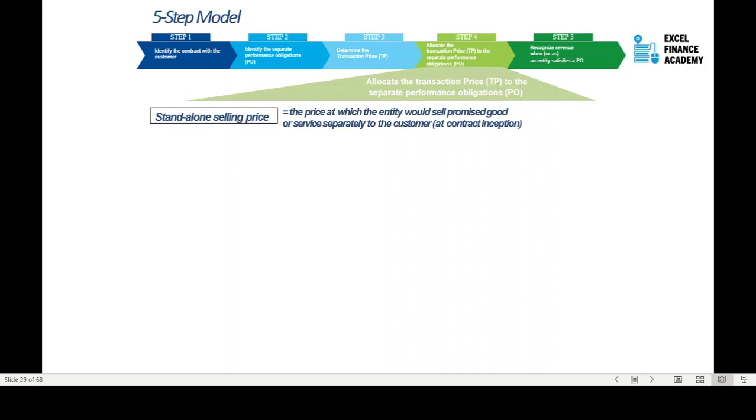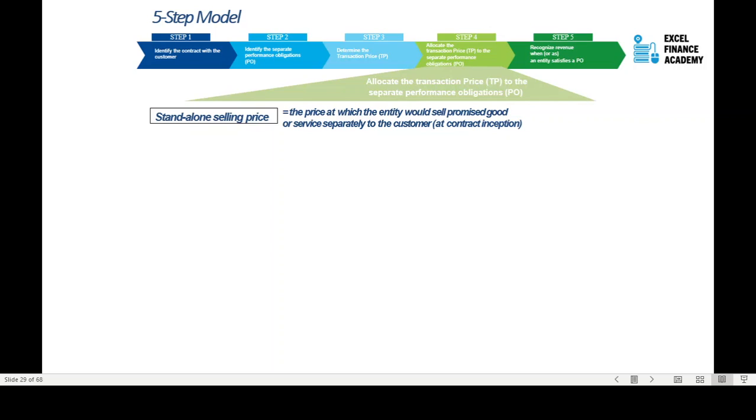The next item we have to understand is the standalone selling price. What is the standalone selling price? The basic idea is to allocate based on it, so we need to understand exactly what it is.